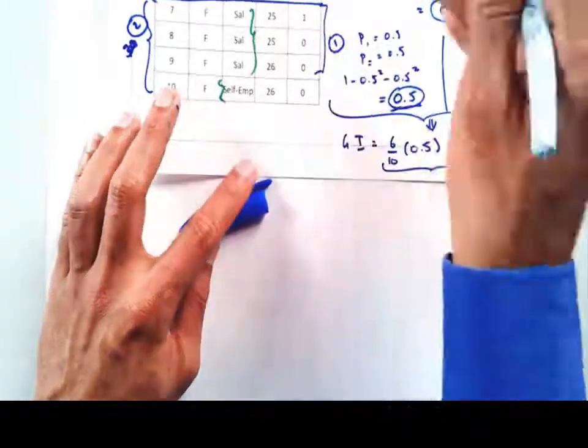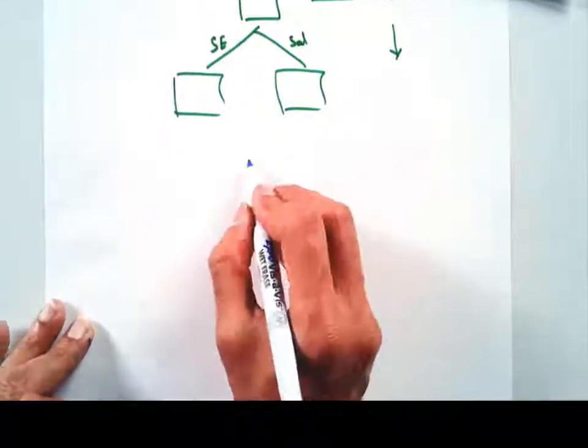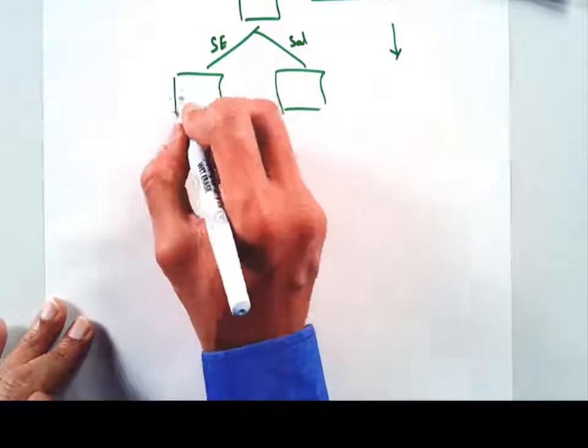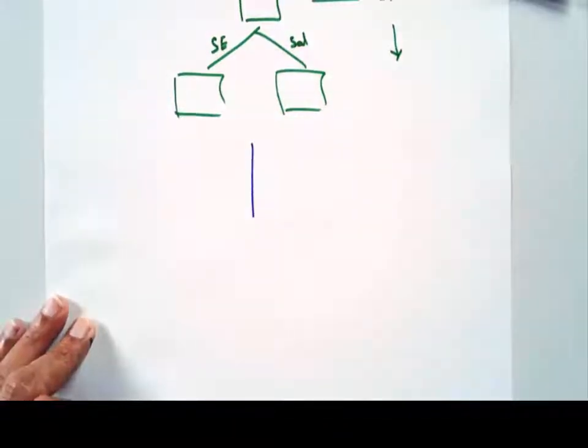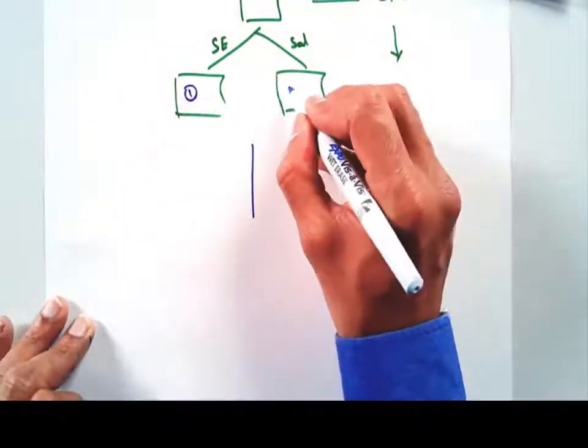That's 2 out of 5. So for salaried, I can do the same thing. I can calculate, 1 is self-employed. I'm going to try and have my calculations here. For salaried, for self-employed, let's do 1 and 2.